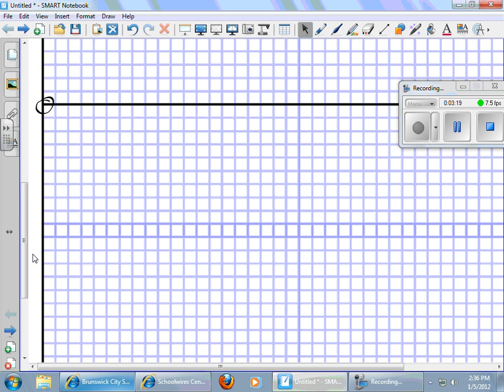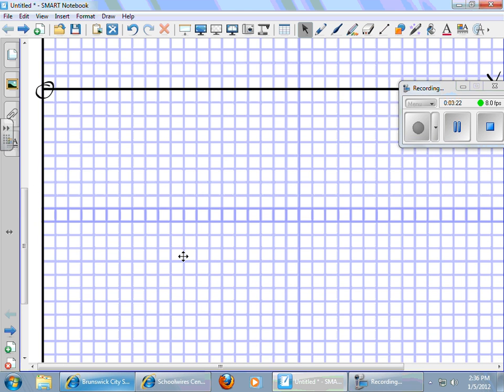I know that's at negative 12, so I'm going to go ahead and graph that. 1, 2, 3, 4, 5, 6, 7, 8, 9, 10, 11, 12. Okay? And then I know my slope is 50 cents, or as a fraction, that would be 1/2, wouldn't it? So rise 1, run 2, rise 1, run 2, etc.